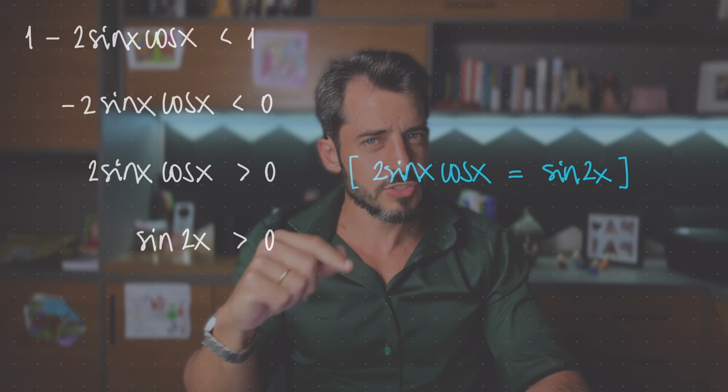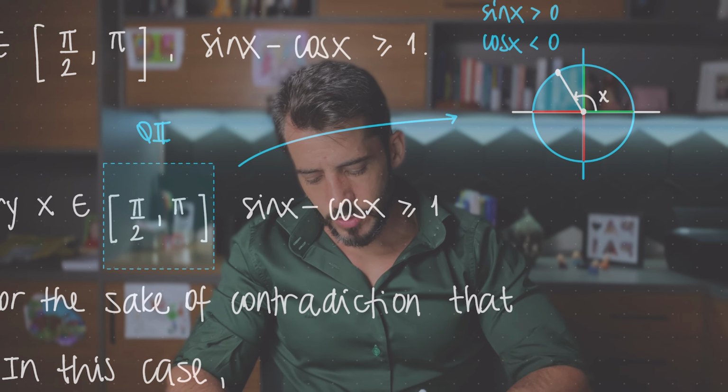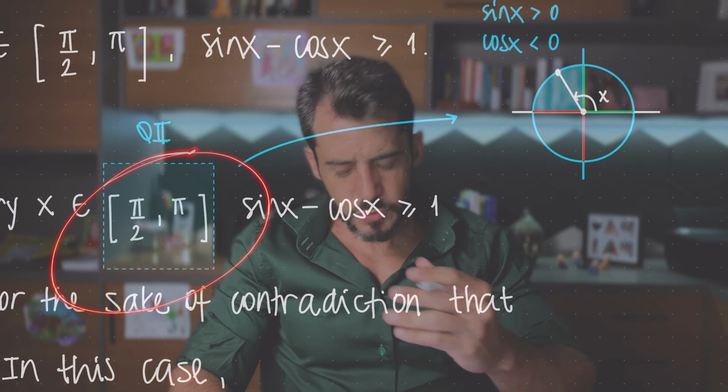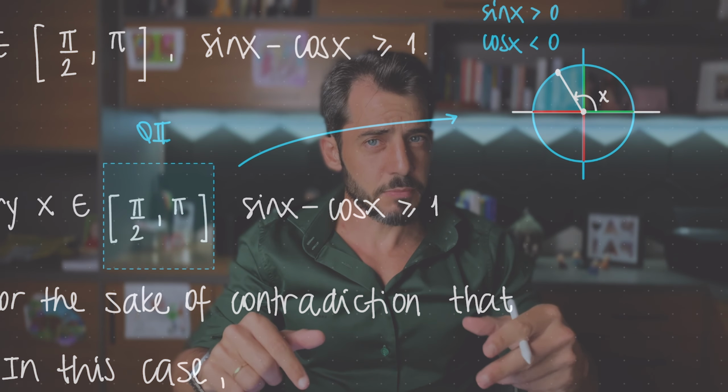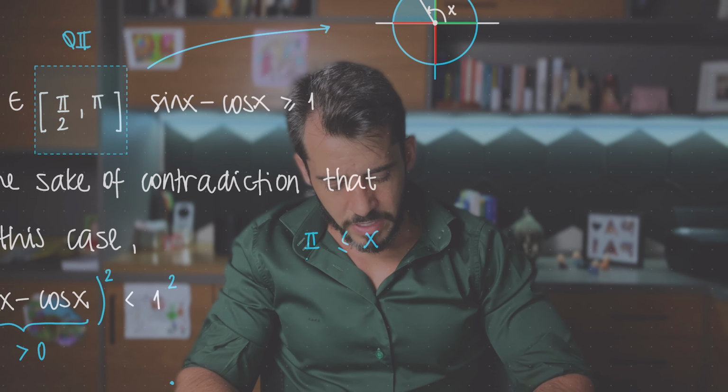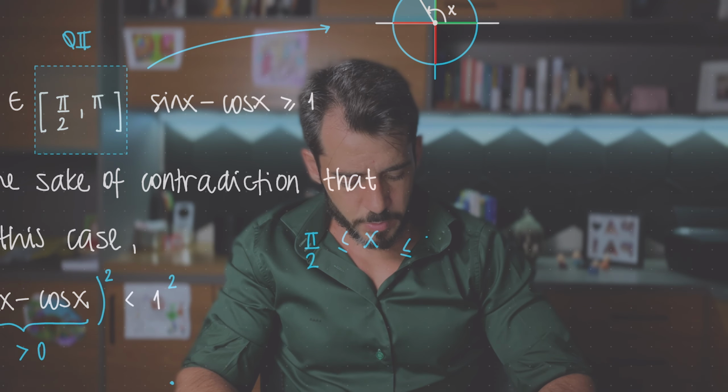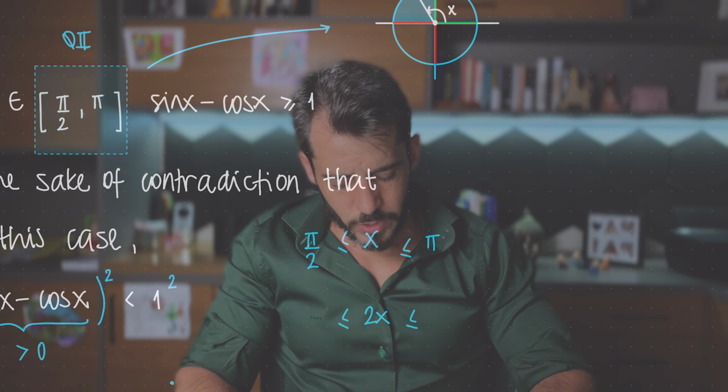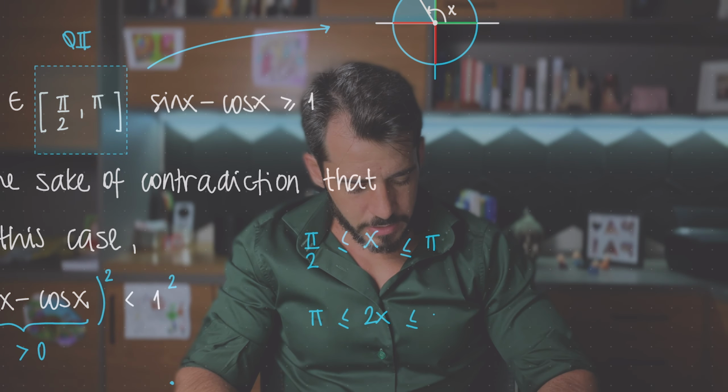Maybe the contradiction lies right here. We know that x is varying between pi over 2 and pi, including pi over 2 and pi. Now, if x ranges from pi over 2 to pi, that means that 2x varies between pi and 2 pi.